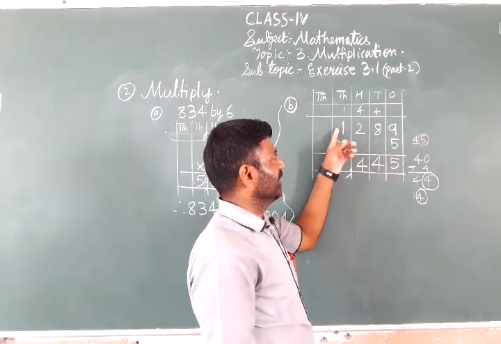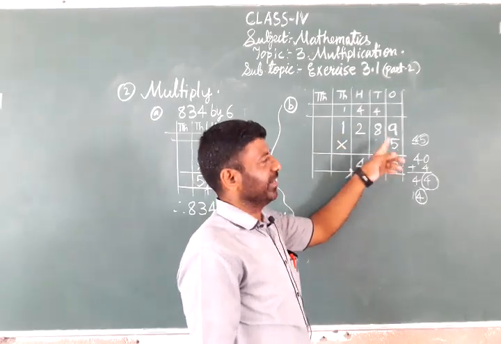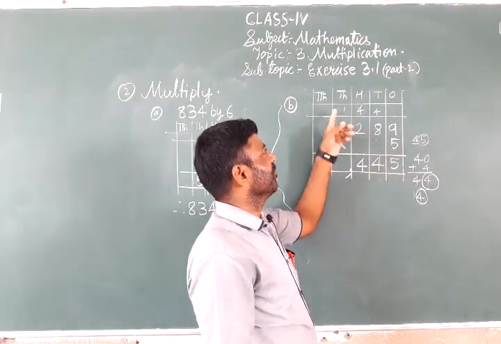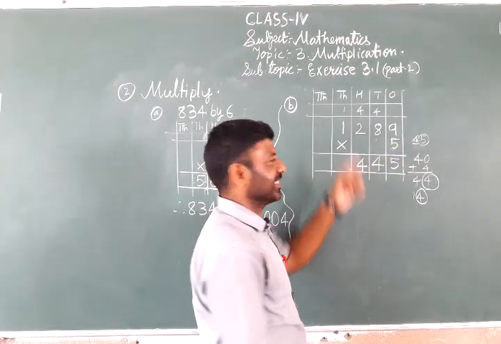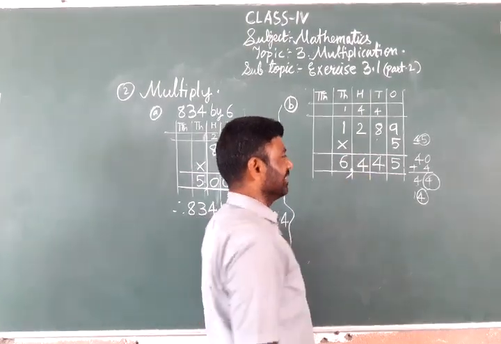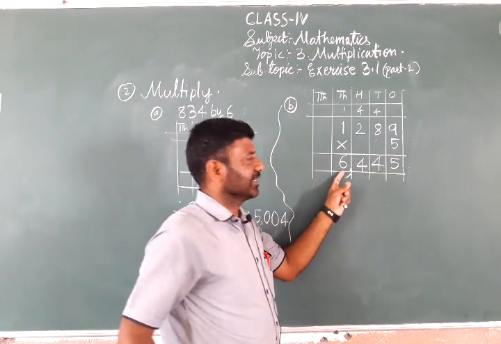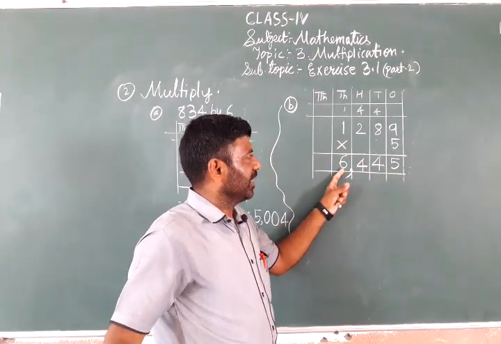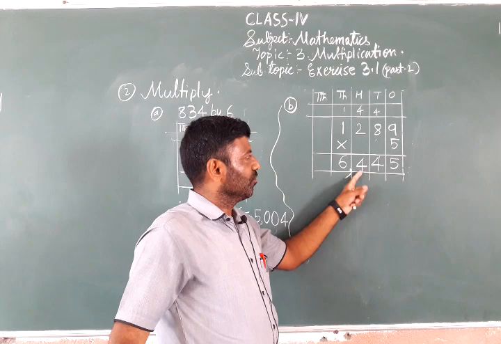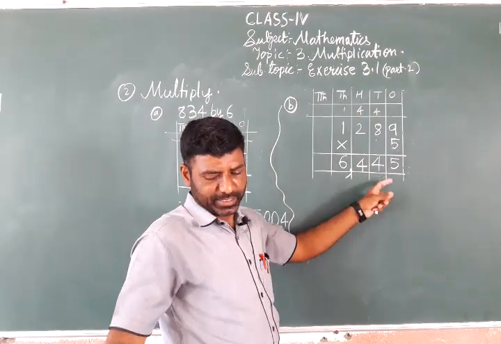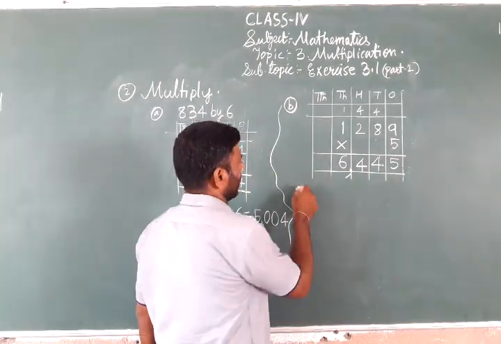And 5, 1 5 is a 5. Plus 1, 6. So what is the answer? 6,445. Understand? So how to write?